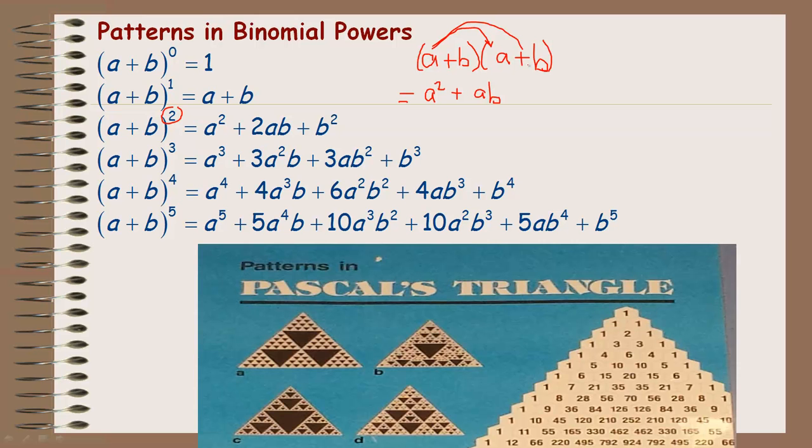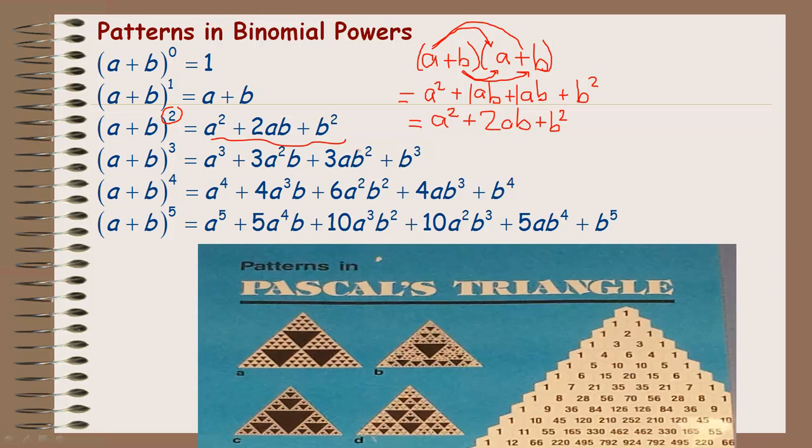Now I've done the a by both terms in the second one, so I'll do the b now. So b times a would be an ab. Plus, the last term comes from multiplying this b and this b, which would be b squared. So we have a squared, 1ab and 1ab would be 2ab, and plus b squared in the end. So that's where that comes from.